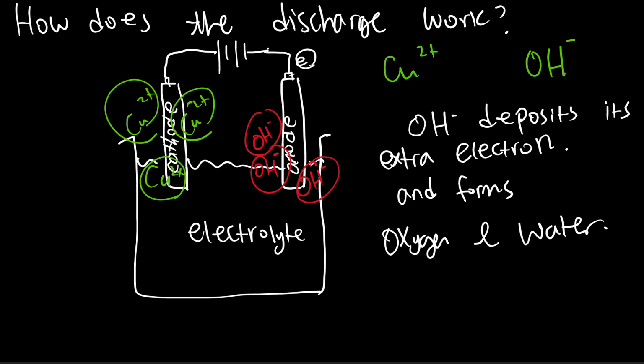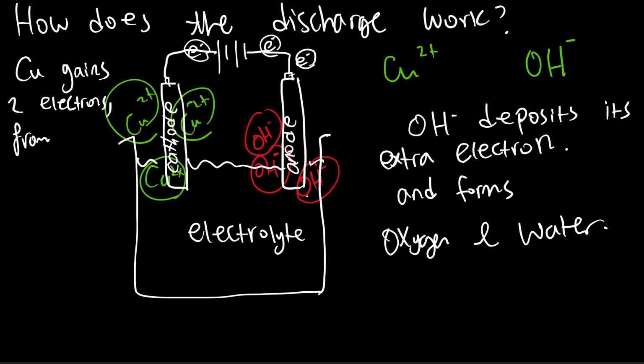So now the electrons are deposited, and the electrons are negatively charged, and this battery is powering the movement of electrons to the other side, where our Cu2 plus can receive electrons. Copper gains 2 electrons from the cathode.